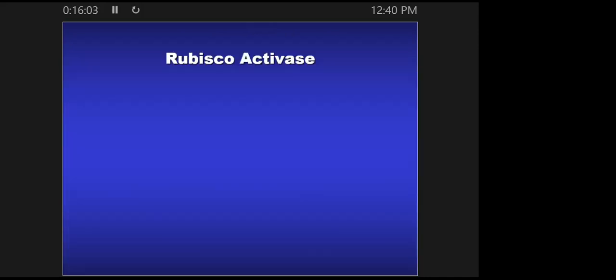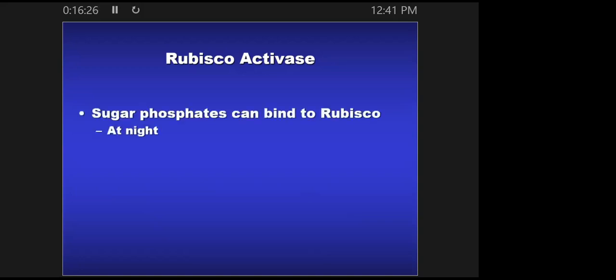Another thing that they've discovered is this enzyme, Rubisco activase. So it's helping to activate Rubisco. What's happening is during the night when the Calvin cycle stops running, one thing that they see happening is that Rubisco gets a bunch of sugar phosphates attached to it.